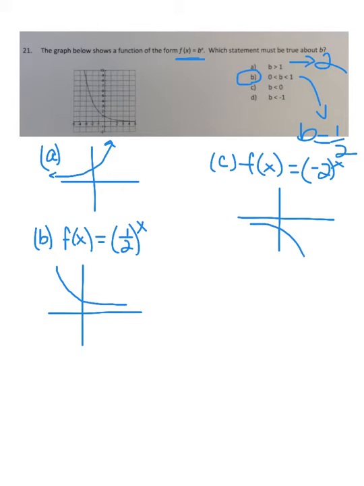And then again, you can do the same thing for choice D. We want to pick something less than negative 1. Well, we could pick the same thing that we did in choice C, right? Because negative 2 is less than negative 1. Okay, and then again, I'm just repeating myself here, but that's what that looks like. All right, so the answer is choice B.